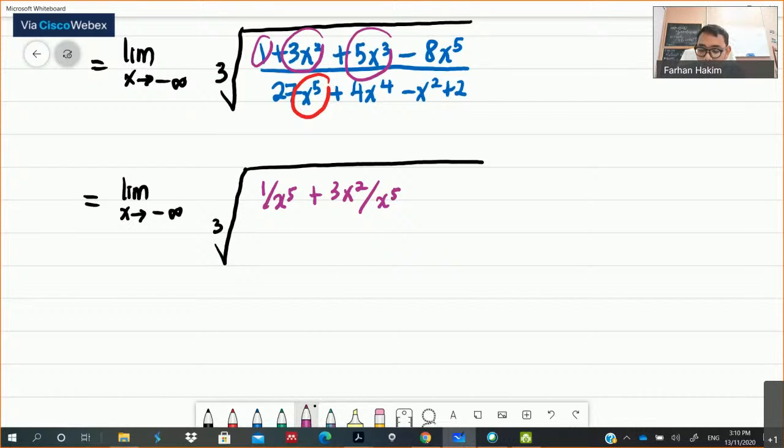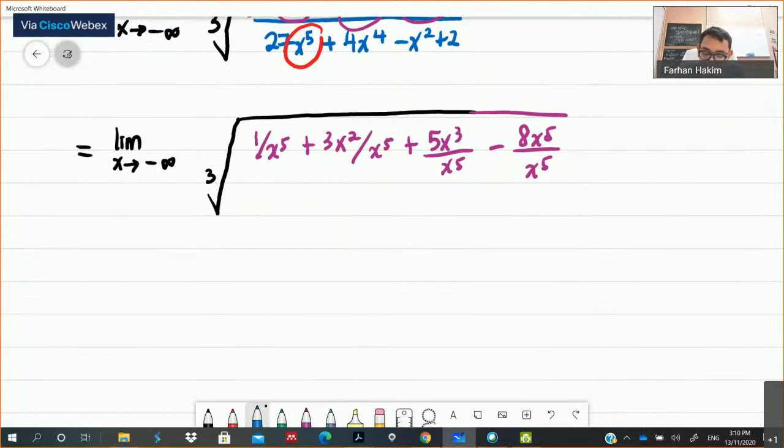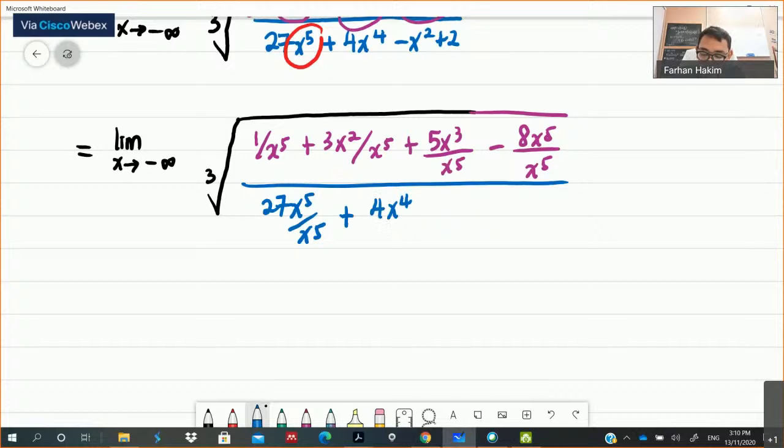Next, this one, 5x cubed, be careful, 5x cubed over x to the power of 5. Next, minus 8x to the power of 5 over x to the power of 5. At the denominator, I'll have 27x to the power of 5 over x to the power of 5 plus 4x to the power of 4 over x to the power of 5 minus x squared over x to the power of 5 plus 2 over x to the power of 5.